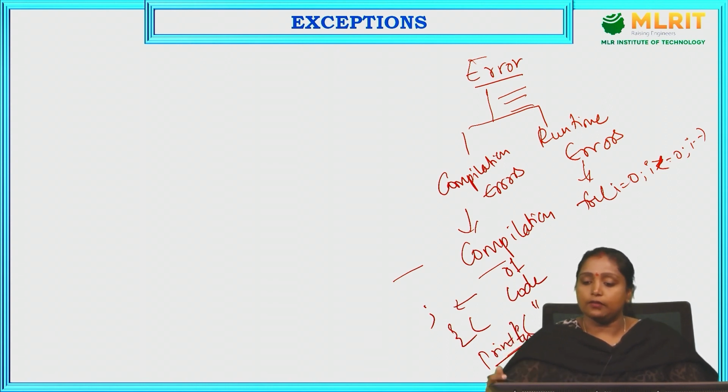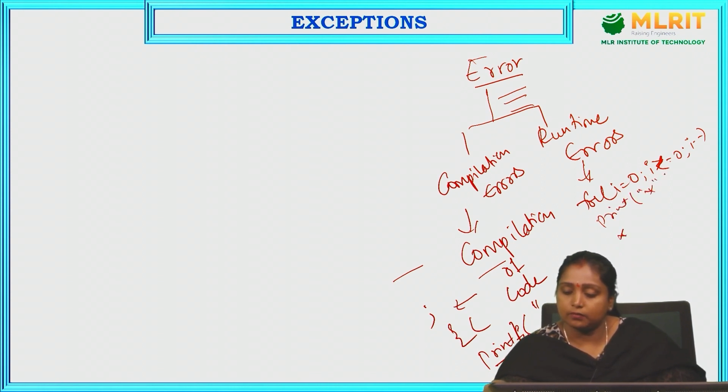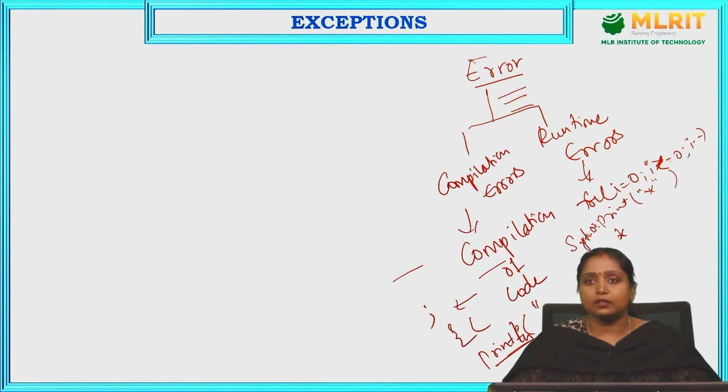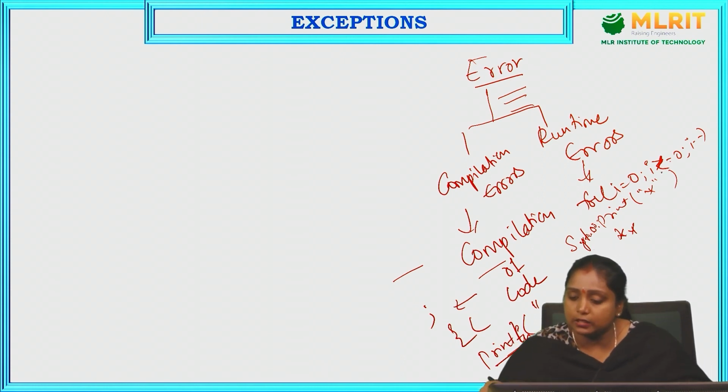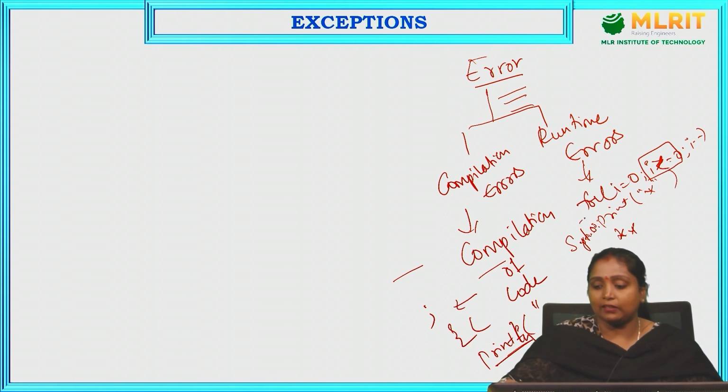Now it will print something, I am printing a star. Then i becomes minus 1, minus 1 is less than 0, so it will print another star. Minus 2, minus 3, and so on. It is an invalid condition, but syntax-wise it is correct.